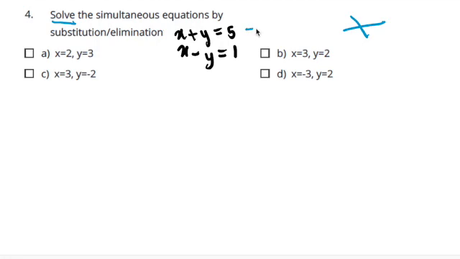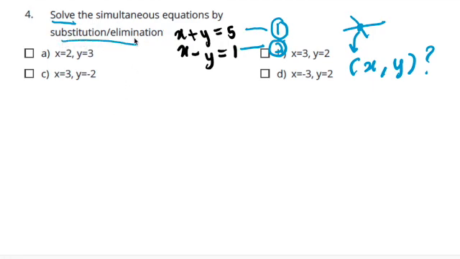So this is your first straight line, this is your second straight line, and we want to find the point of intersection here. What is the value of x, and what is the value of y? So how? We can use either method, substitution or elimination.